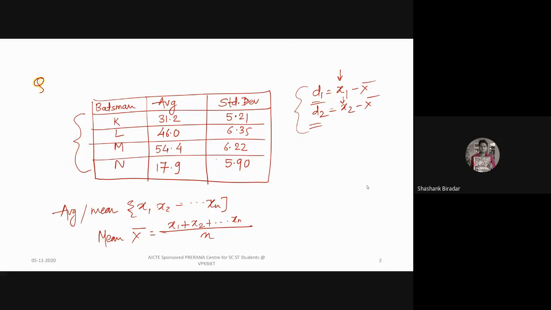So out of these four, you need to find for which batsman the standard deviation value is less. This is 5.21, this is 6.35, 6.22, and this 5.90. Out of these, 5.21 is the least, hence this K batsman is more consistent.